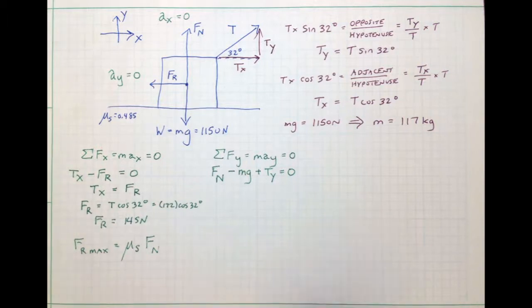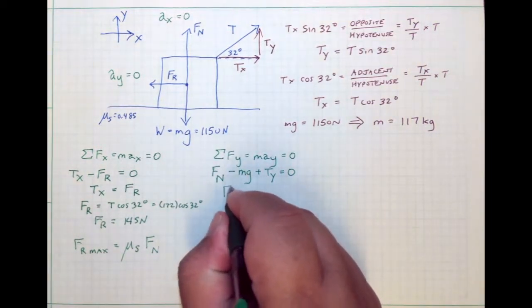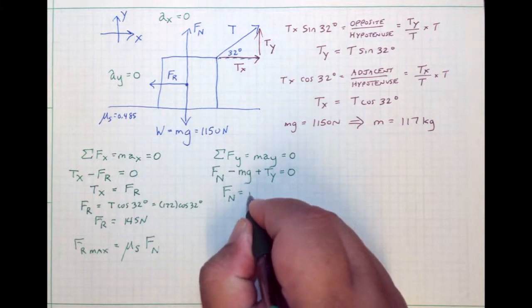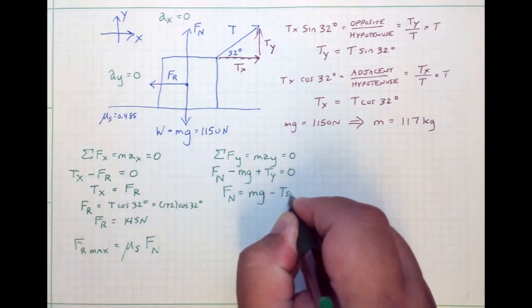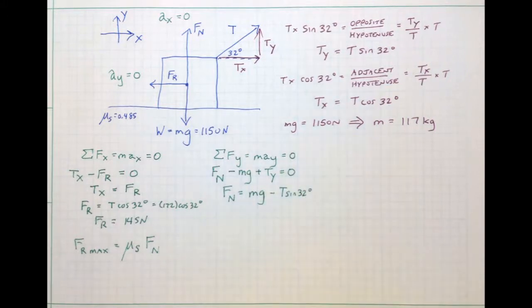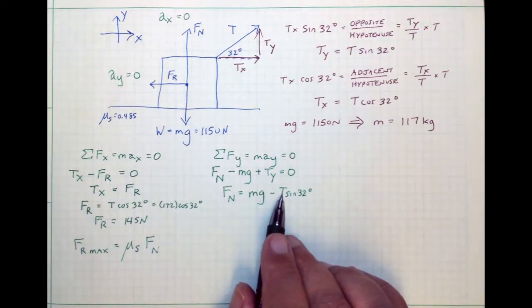That then gives us the solution, which again we saw in the previous example, that the normal force is mg minus T sine 32. Now, we cannot figure out the size of this normal force because we don't know the tension force. We know it has to be more than 172 in the previous example if we want to move that crate, but we do not know what that tension force is.